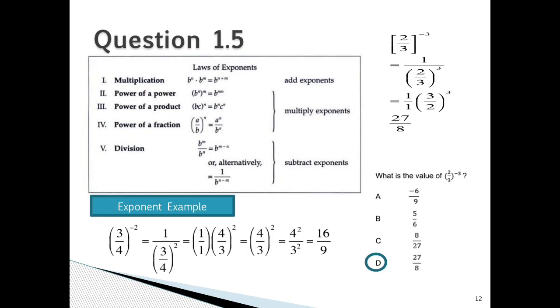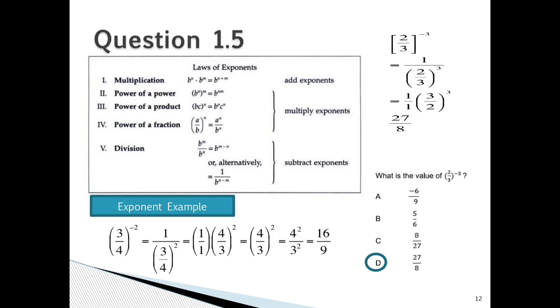If you look at an example, 3/4 to the power -2 is equal to 1 over (3/4) to the power 2, which is equal to (4/3) to the power 2, which is equal to 4 squared over 3 squared, which is equal to 16/9.